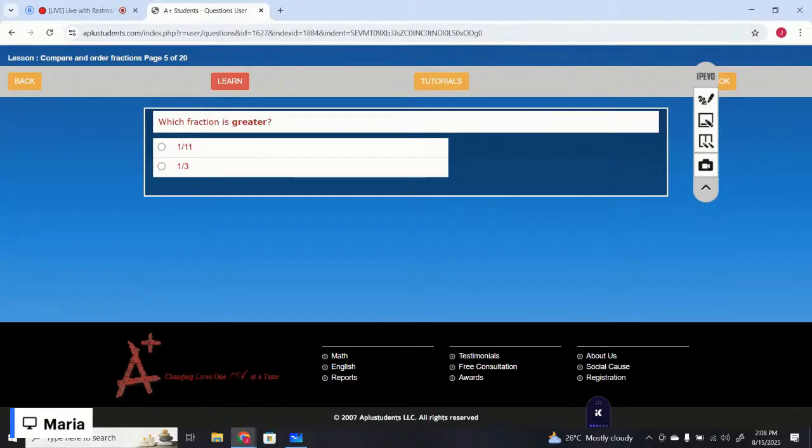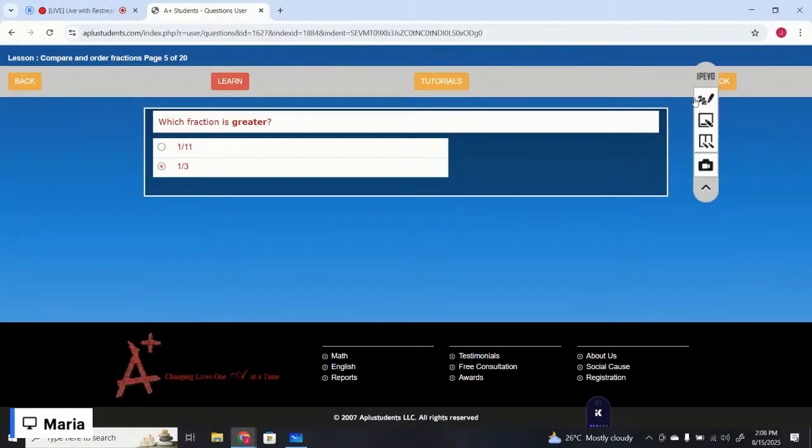Which fraction is greater? 1 out of 11 and 1 out of 3.